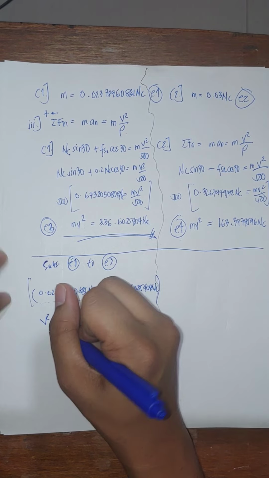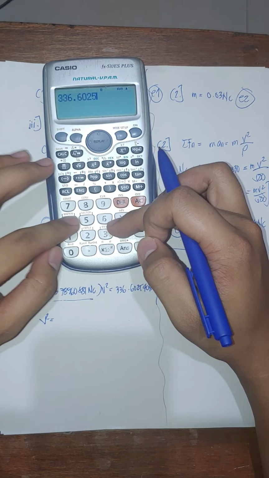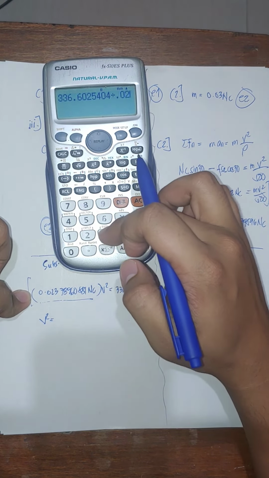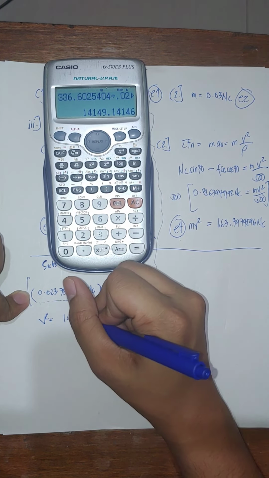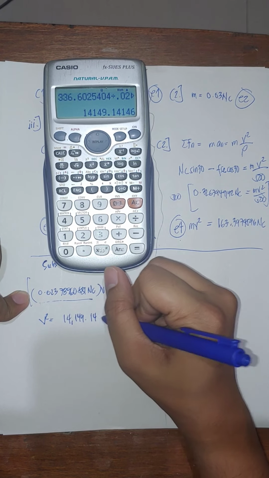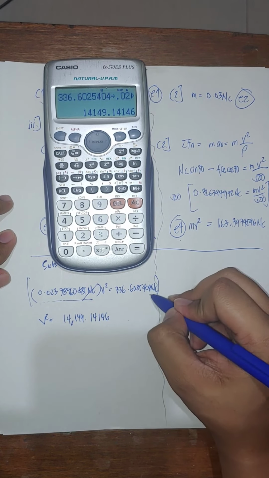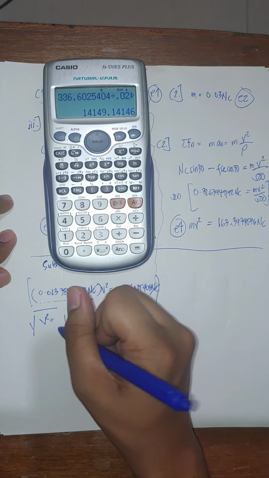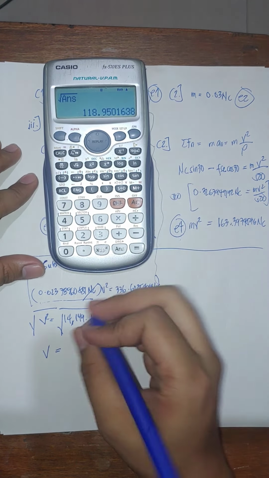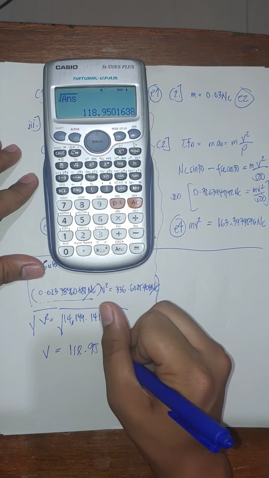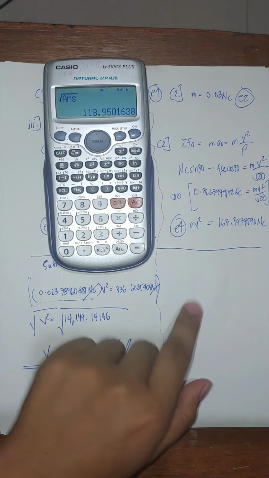We can solve v squared is equal to 336.0625404 divided by 0.02378960881, which is equal to 14,149.14146. The NC cancels out. Then extract the square root of both sides. Then our velocity for case 1 is equal to 118.95 foot per second.